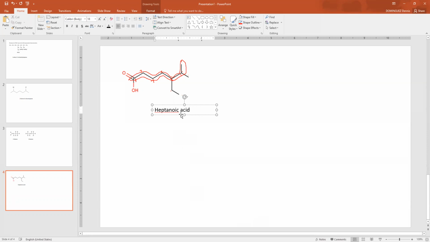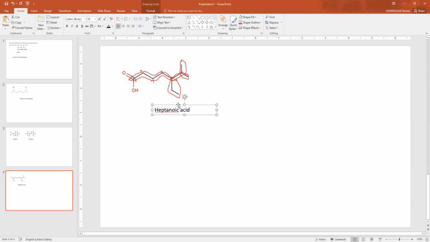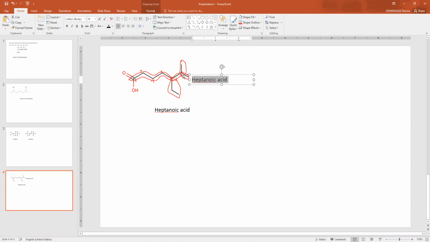Now we will check the attachments. The first attachment would be this one, 1 and then 2. So you have 2 attachments, and we need to name those 2 attachments. This one is 1 carbon. This is a methyl group.